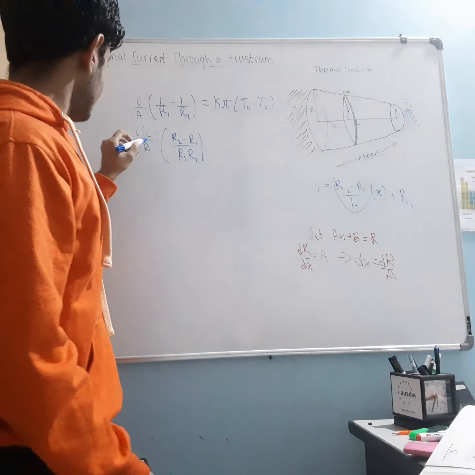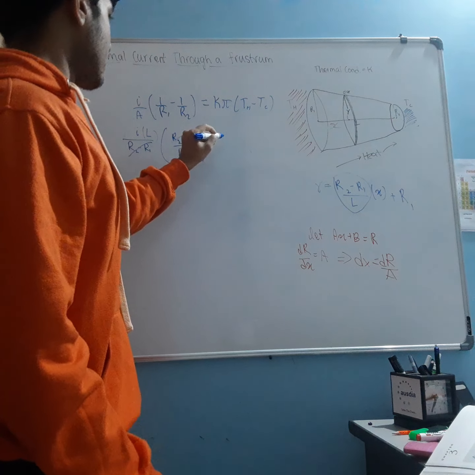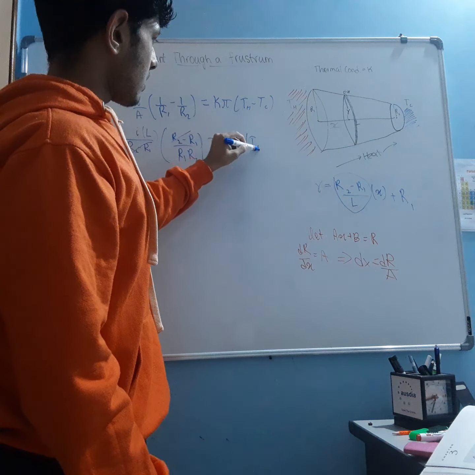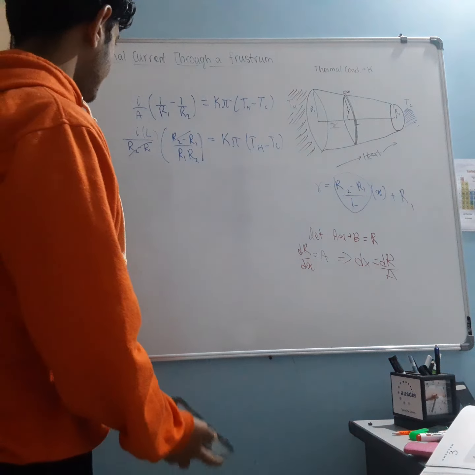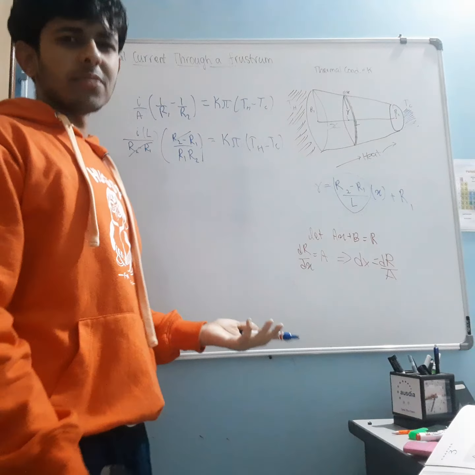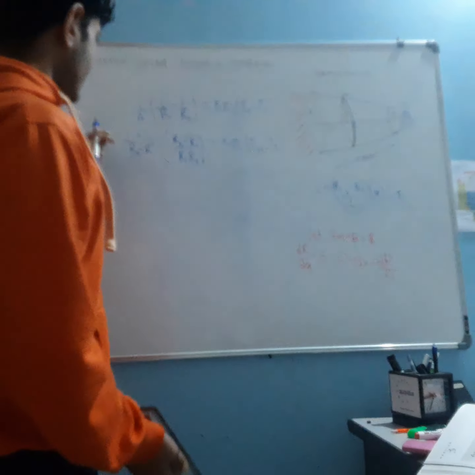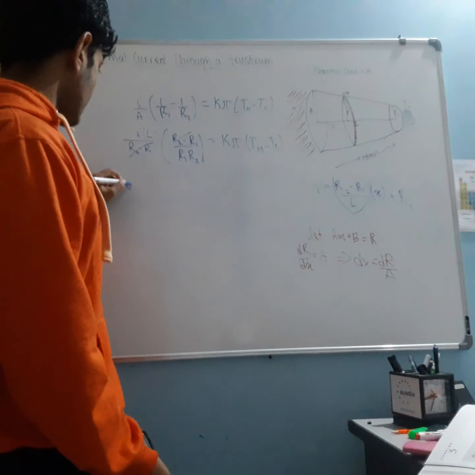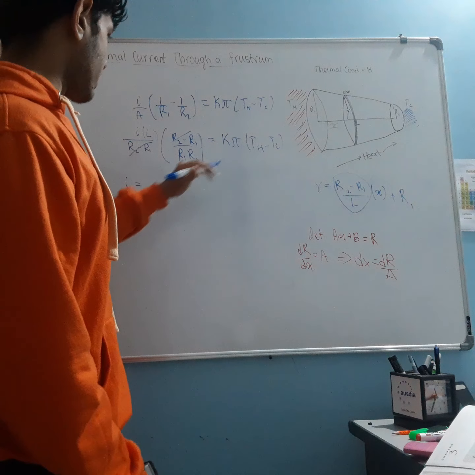You can see that these both cancel each other out, and this just gives me k pi into Th minus Tc. Since the entire objective of this video is to find the thermal current, it's helpful to isolate the I. So I can write I alone and take all the other terms to the other side.